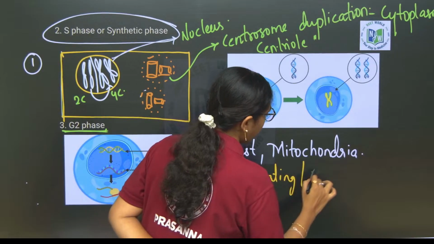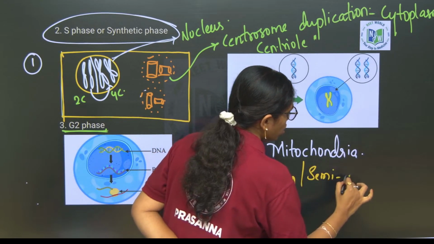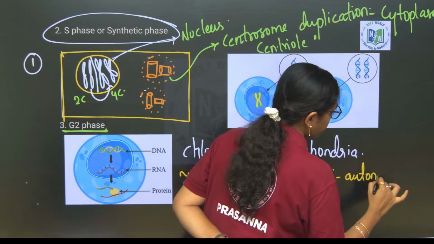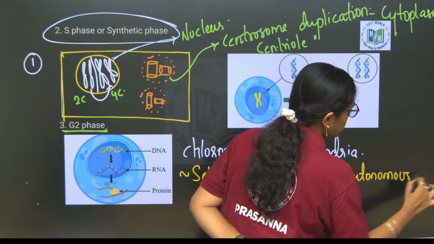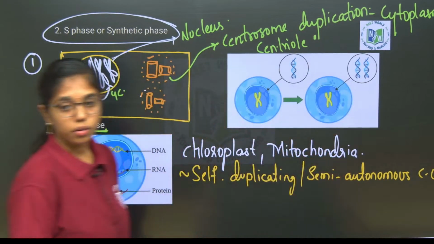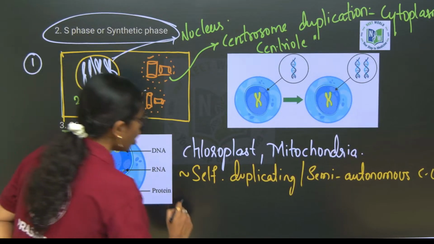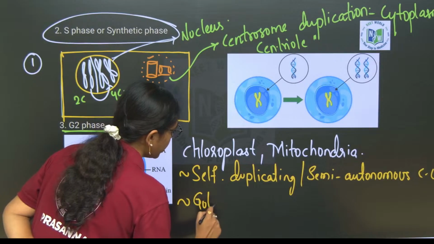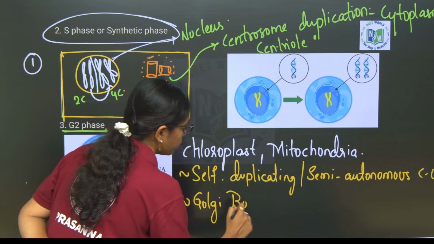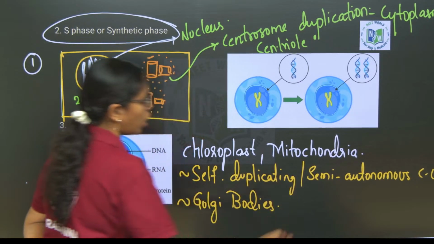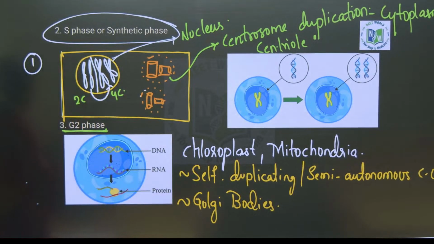Self-duplicating or semi-autonomous cell organelles. Along with the self-duplicating or semi-autonomous organelles, Golgi bodies also get duplicated. Golgi bodies will also get duplicated during the G2 phase.